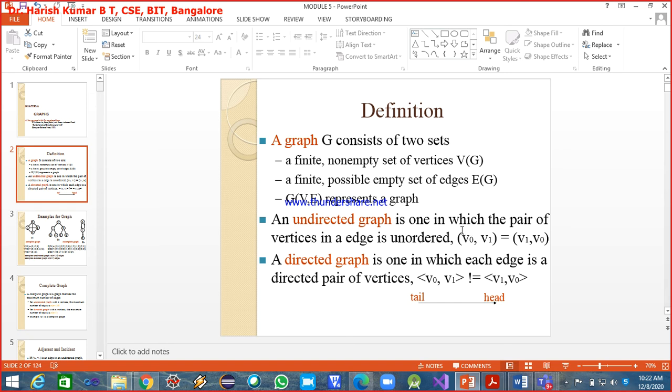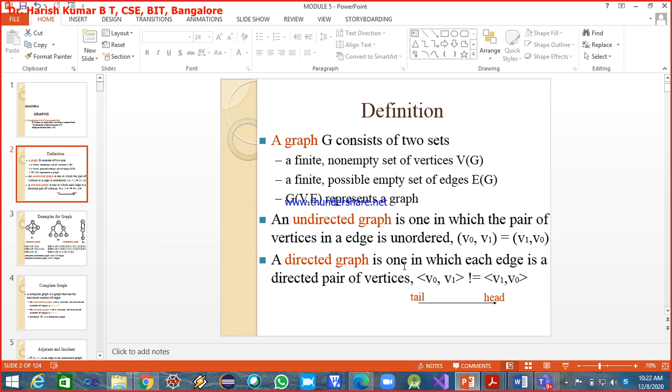For example, there is an edge from the vertex v0 to the vertex v1, but it is undirected, there is no direction, so we say it is an unordered pair. I can also write it as v1 comma v0. So an undirected graph is one which has pairs of vertices that are unordered.